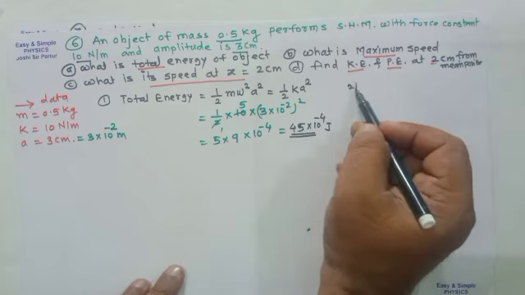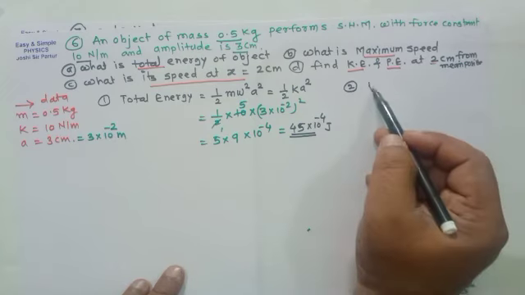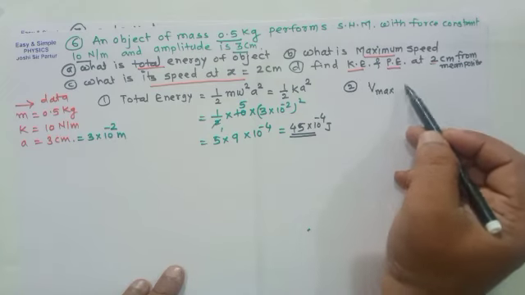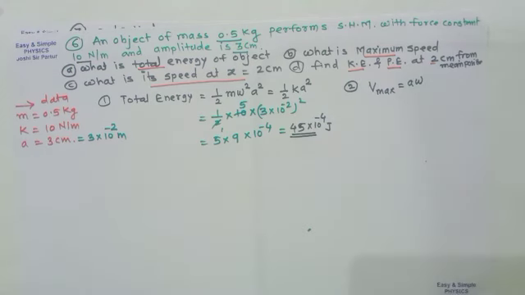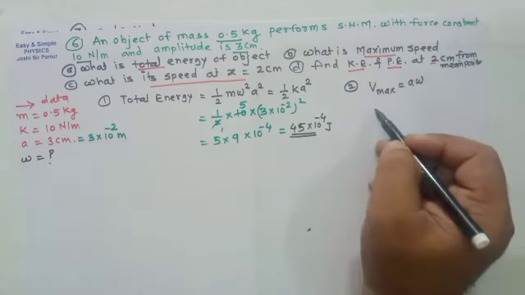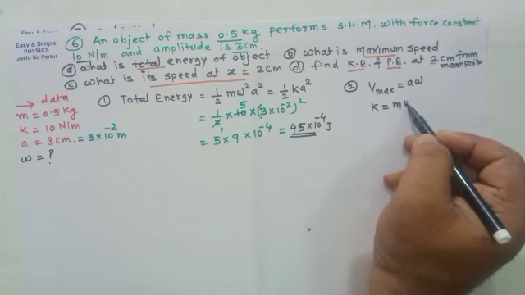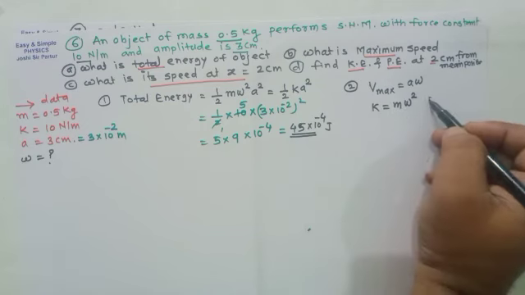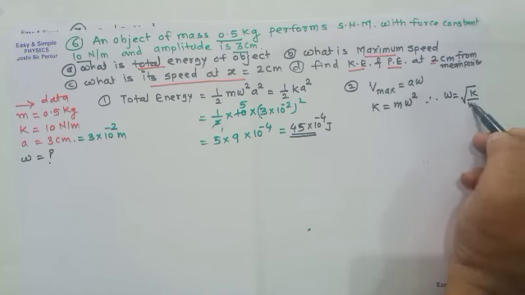The second example is what is the maximum speed. So V maximum is equal to A omega, but we want to find omega. We know that K is equal to m omega square. Therefore omega is equal to square root of K upon m.